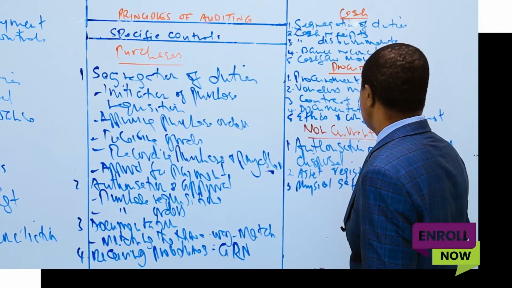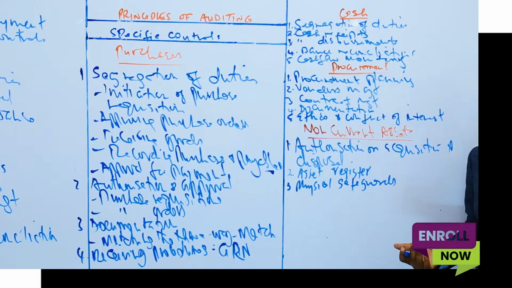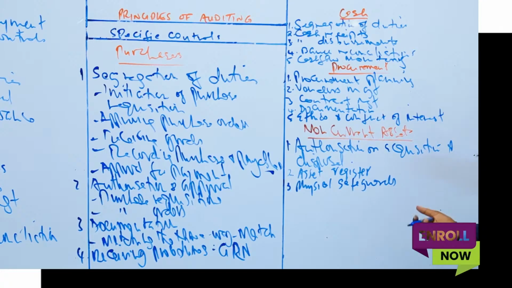Then we have physical safeguards. Candidates, non-current assets are physical assets, and therefore they require physical safeguards like asset tagging. Asset tagging. That means physically tagging or labeling assets with unique identification numbers.